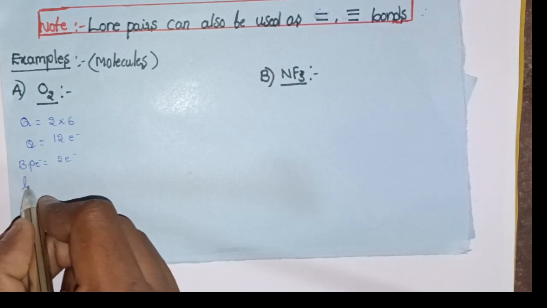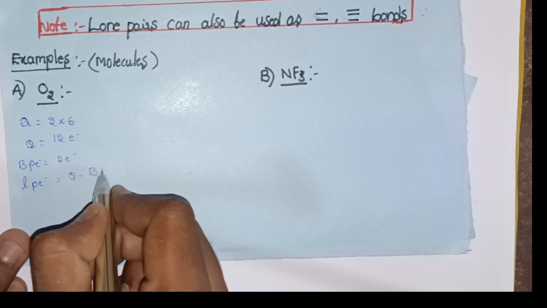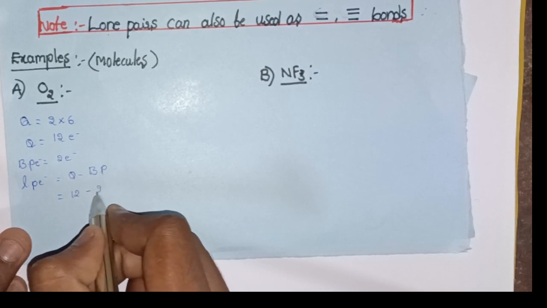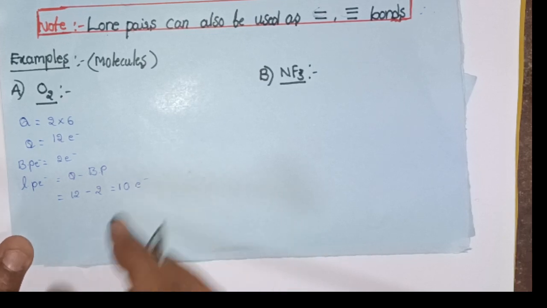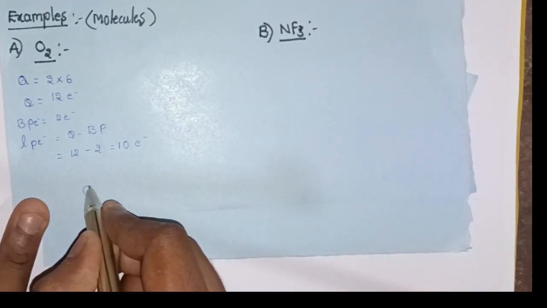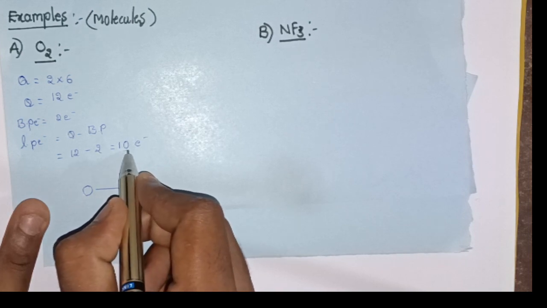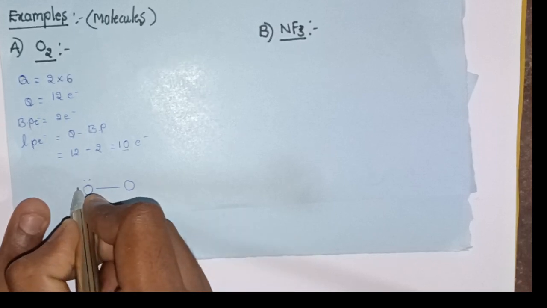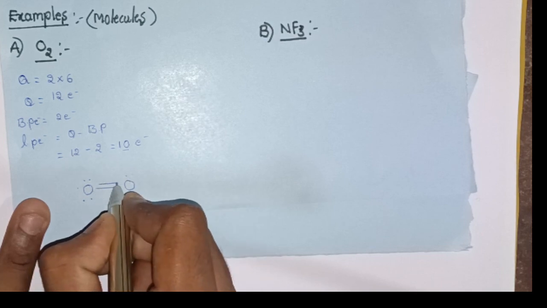Lone pair electrons is equal to Q minus bond pair electrons, that is 12 minus 2. Here you get 10 lone pair electrons. Then the structure will be oxygen, and here we have to put 10 lone pair electrons: 2, 4, 6, 8, 10.